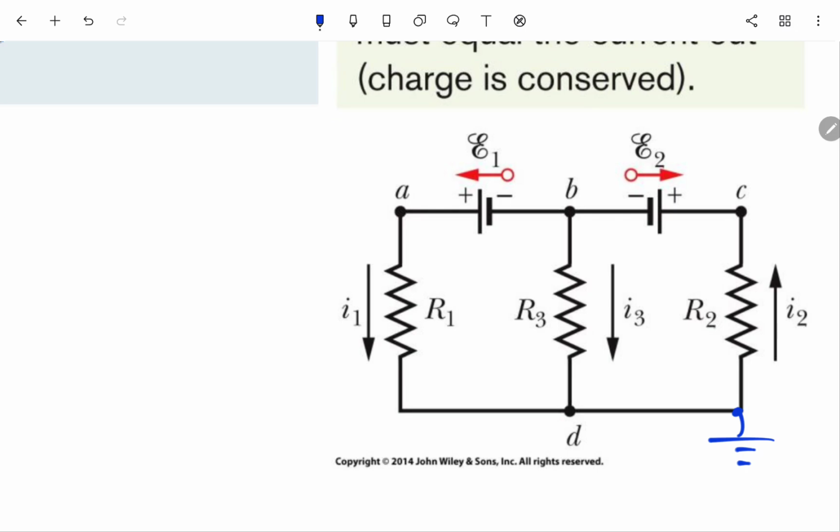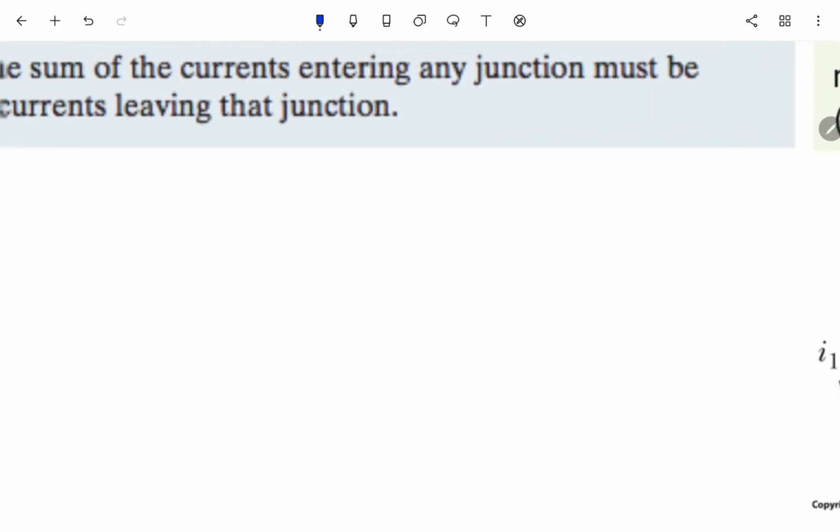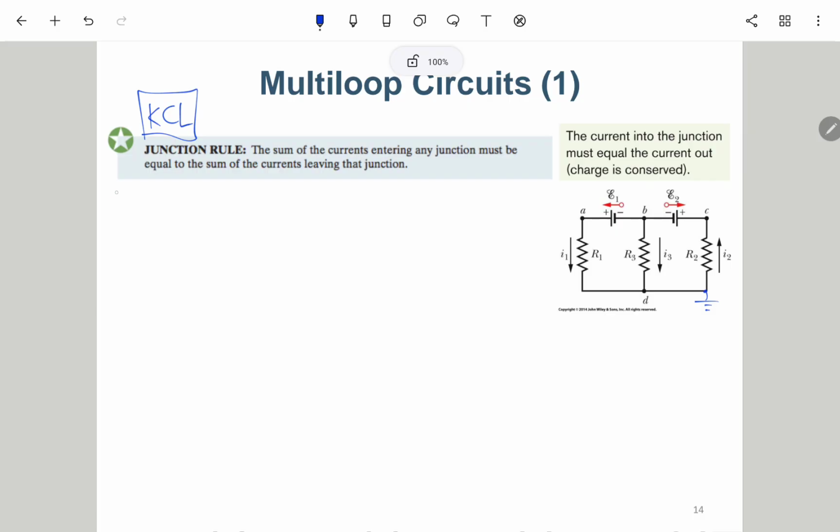So in this case, I would say we will use something called node analysis. In circuit theory, we call it node analysis, although it is not included in the textbook. I just want to let you know there is something called node analysis, and in the next slide I will also tell you about mesh analysis.